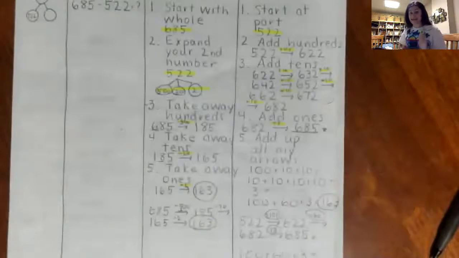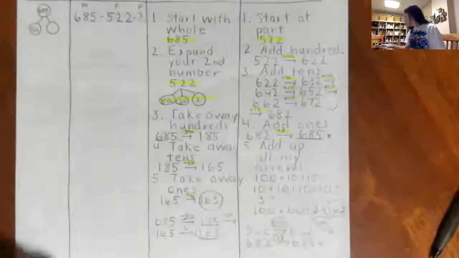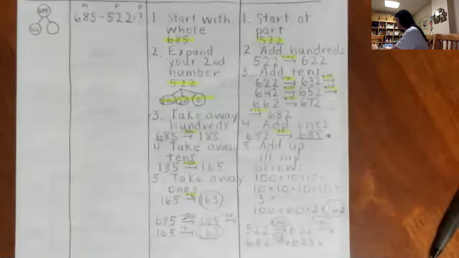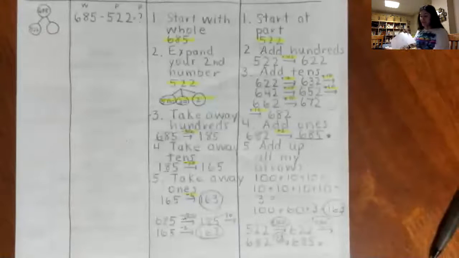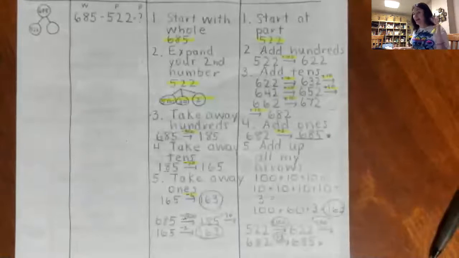Now, the second problem I wanna work with you on is the same, but this time we're missing the whole number, okay? So if I'm doing arrow way subtraction the same way, it's gonna be a little bit different, right?